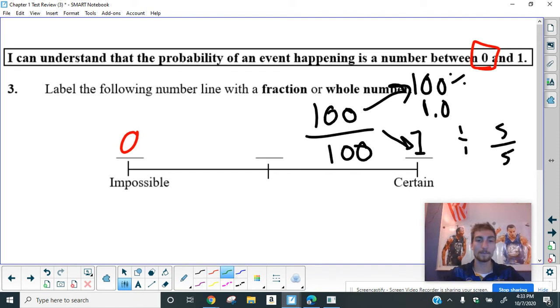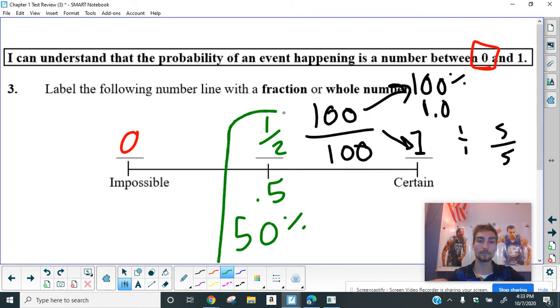Now we're going to look at what we have here in the middle. This would be 1/2, or 0.5 as a decimal. And then if we multiply that decimal by 100, move that decimal place over 2 spots, then we would have 50. This would be our percentage, meaning out of 100.